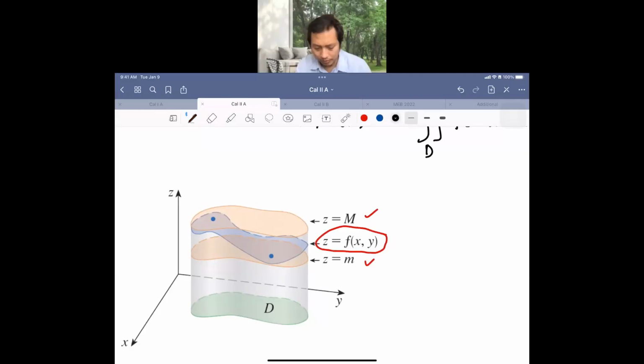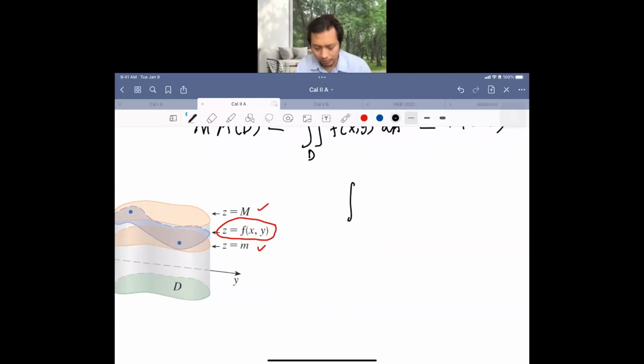So if we, for example, have the double integral of e to the sine x cosine y dA, and we would like to observe and analyze it using the inequality.